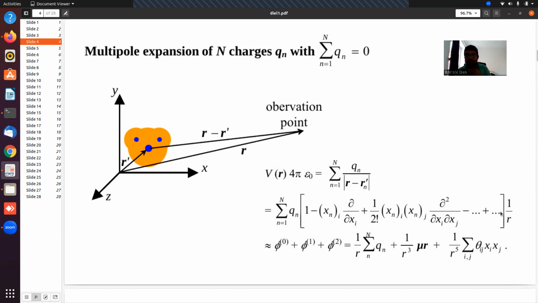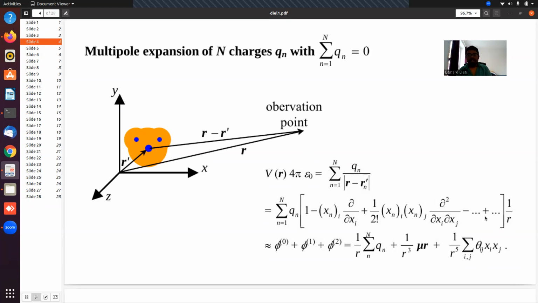This has to be a convergent series, so it is valid only when r is very large. If we are very close to the charge distribution, the Taylor expansion is not valid, and then we have to calculate exactly, with Ewald summation and so on. That would be a long discussion for another time. But here we assume r is somewhat larger, so that the Taylor expansion series converges.